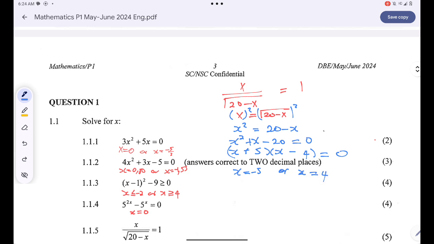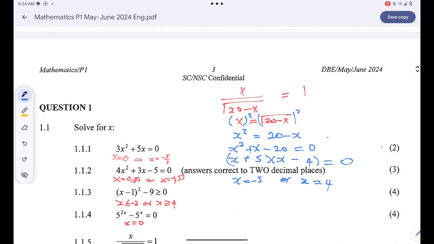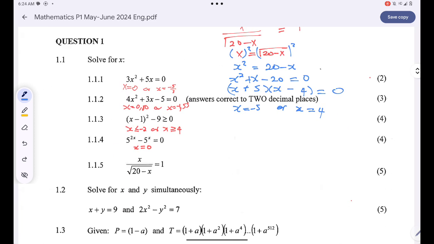Are you together? Whenever, guys, you have surds, you must go and check whether your solution is valid or not. You can simply go to your original equation and substitute both of these values of x. If you find that the left hand side is not equal to the right hand side, that means that solution is not applicable.